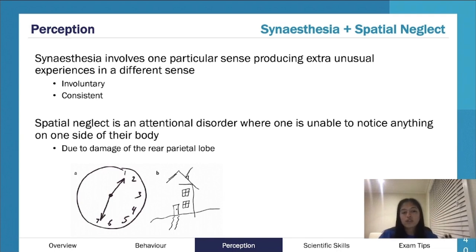So when they're shown a picture of a clock, they draw only half of it, or they're shown a picture of a house and they draw only half of it, because in their mind, they've drawn it completely. It's very much in the name, spatial neglect. They just neglect this entire half side of their body, or of their world, basically.